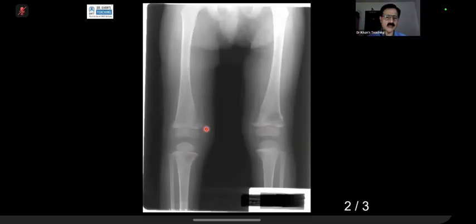Dense metaphyseal band, and there is a lucent metaphyseal band. Dense metaphyseal band can be normal, physiological. Every child will have this. The key finding is that usually this will not involve the fibula. This is a key exam finding to remember.